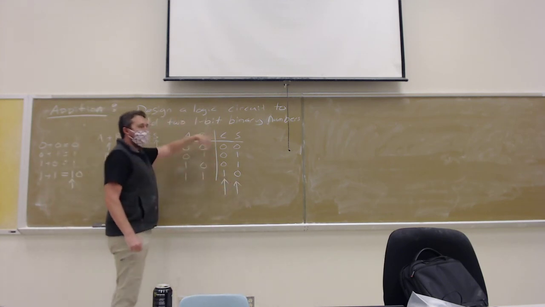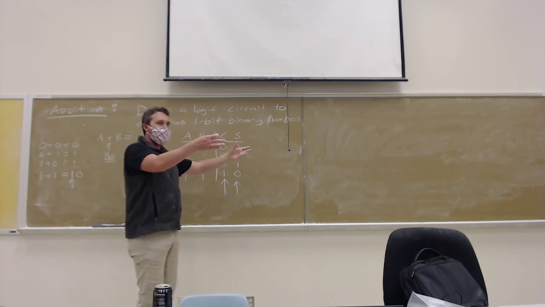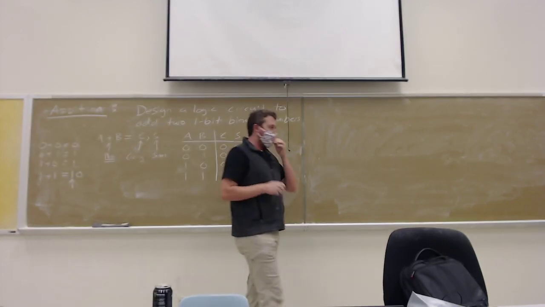All right. So once we have our truth table, every output gets to have its own Boolean function, right? You basically treat every single output, even if you have multiple outputs to your system, as its own individual circuit. It does its own thing.